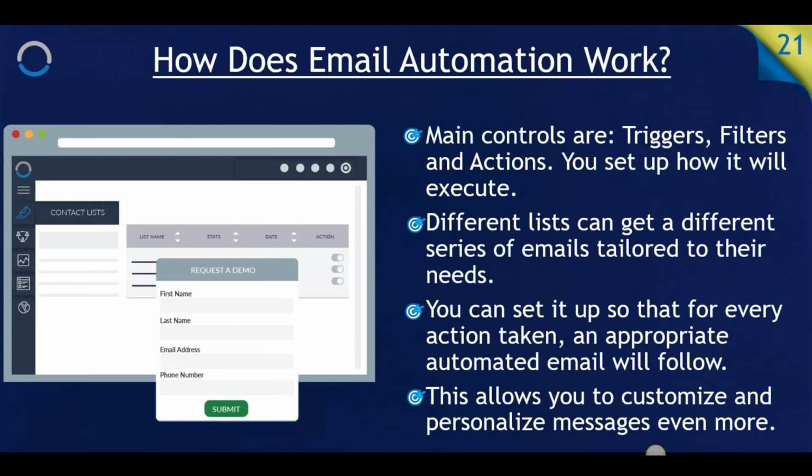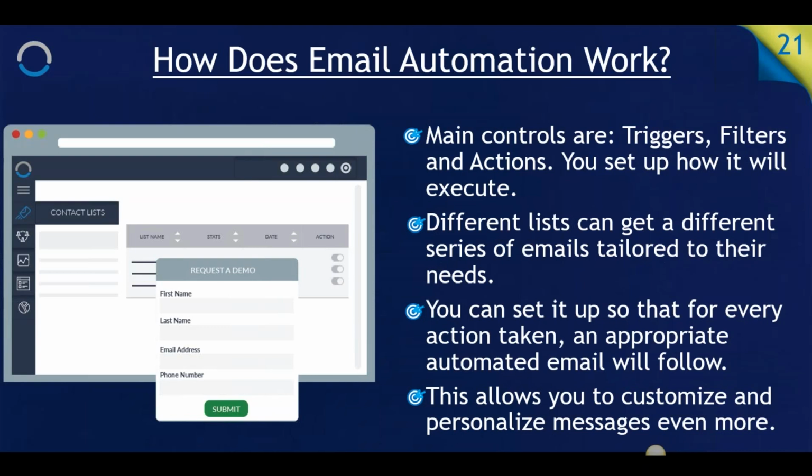So how does email automation work? Technically, it's broken down into 3 main triggers. I'm going to give you here just a quick overview, and then I will jump into examples and the tool thereafter. So the main controls are triggers, filters, and actions. Triggers is what triggered the automation to start. You cannot just all of a sudden send out a blast of email to certain people.